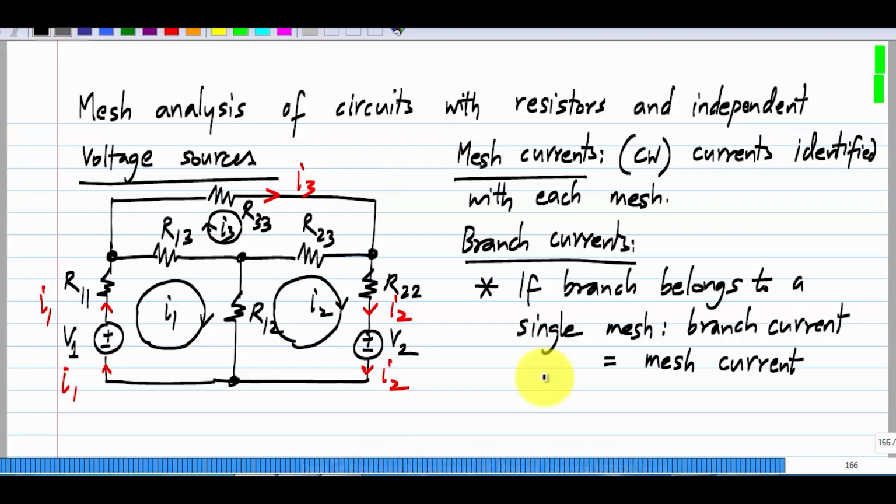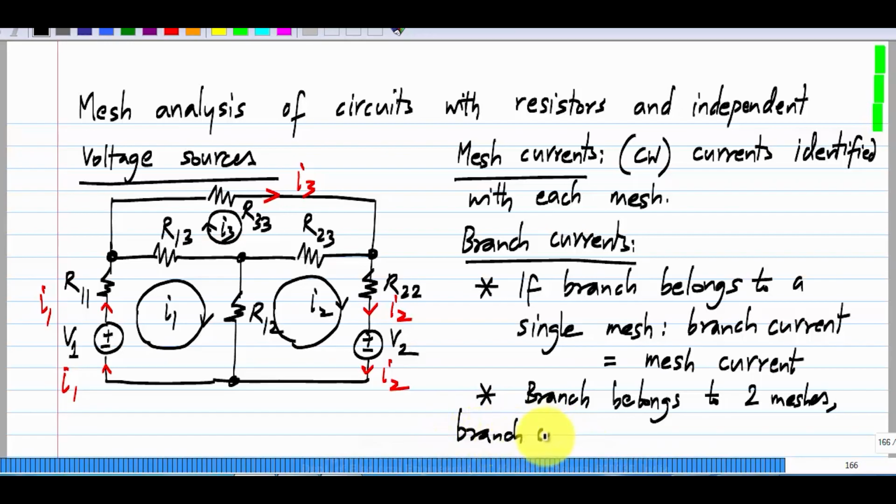Now, if a branch belongs to more than one mesh, we know that a branch can belong to at most two meshes. Then the branch current equals the sum of individual mesh currents.